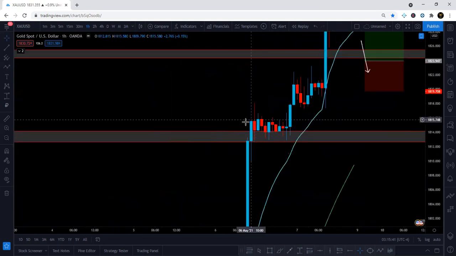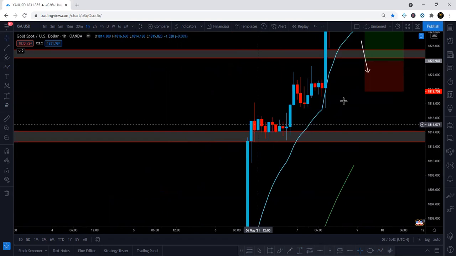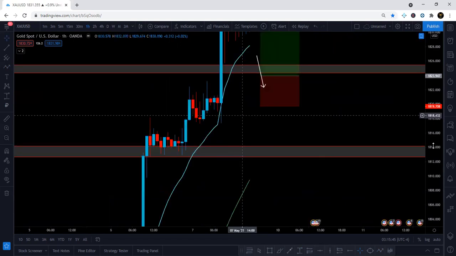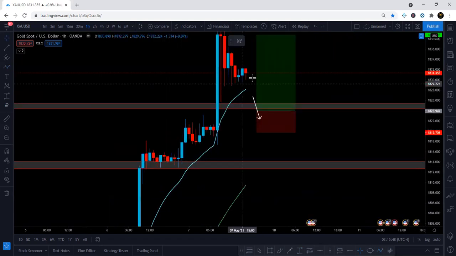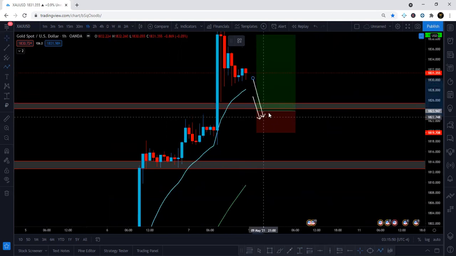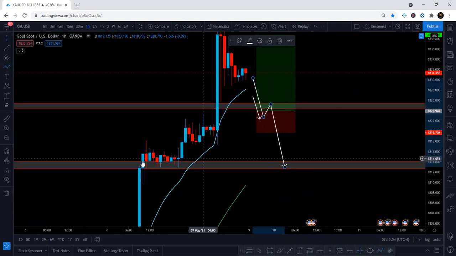Just like this, we break above, close above, and price continues going up. If price comes back here and closes below this zone, there's a high chance it goes to retest this zone here, which is a weekly zone too, right?